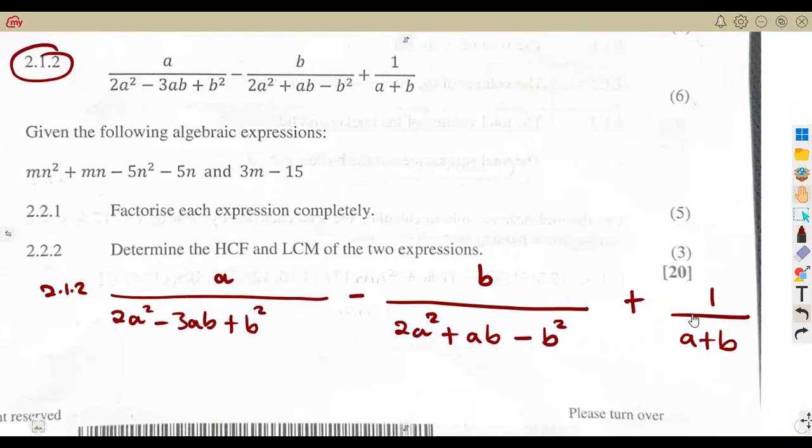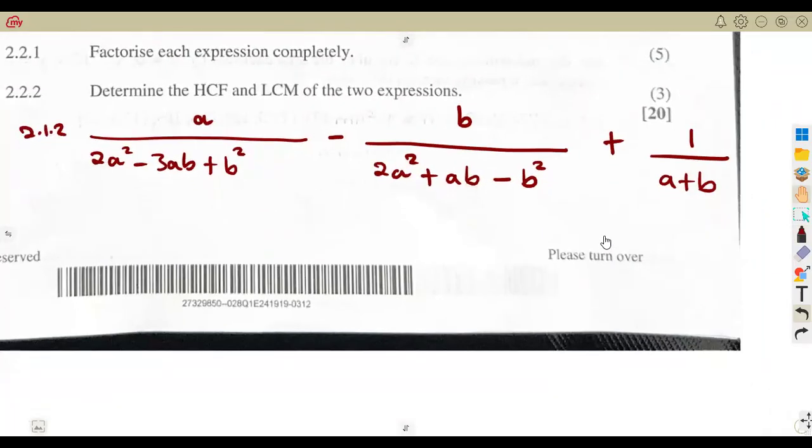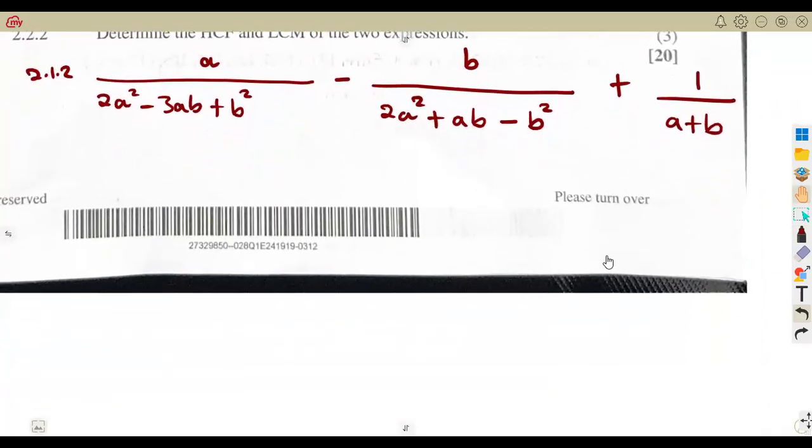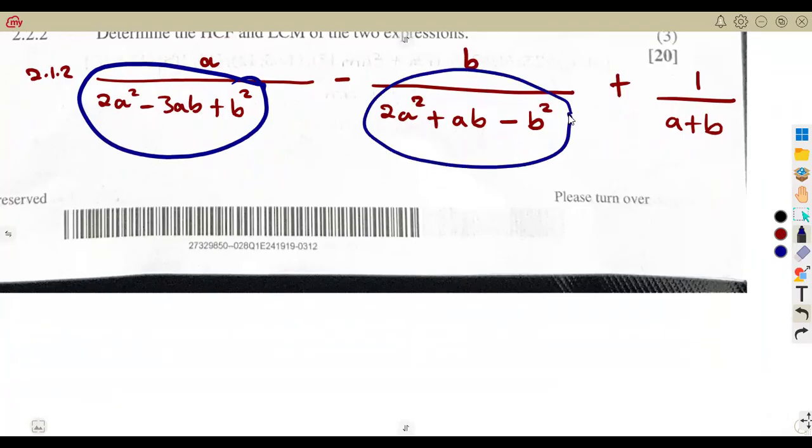So these are algebraic fractions to be added. There's addition and subtraction at the same time. So it'll be easier if we have these denominators factorized.